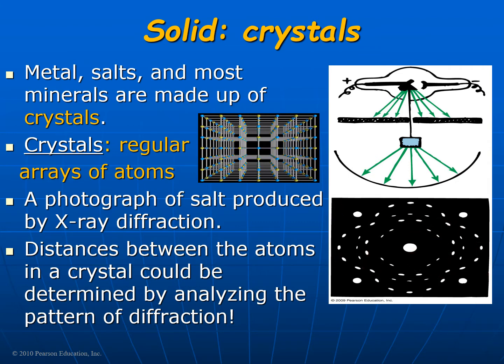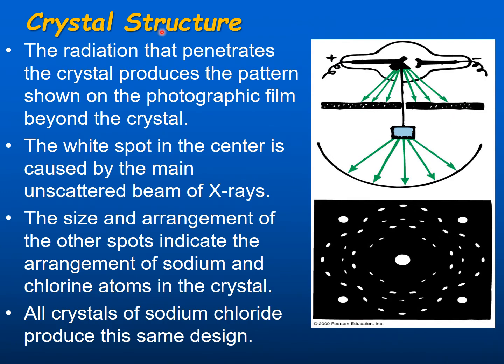Crystal structure. We will try to get the crystal structure of sodium chloride, the salt. The radiation that penetrates the crystal can be shown on the photographic film beyond the crystal.